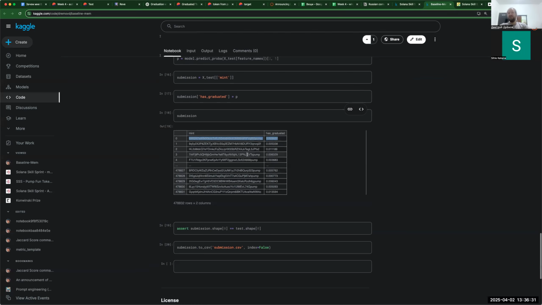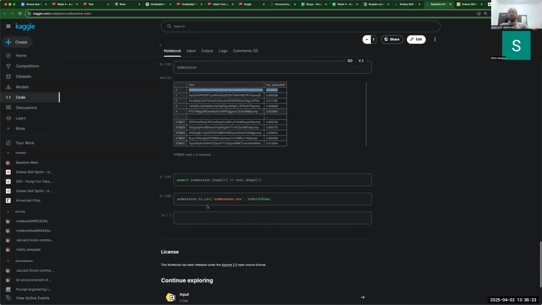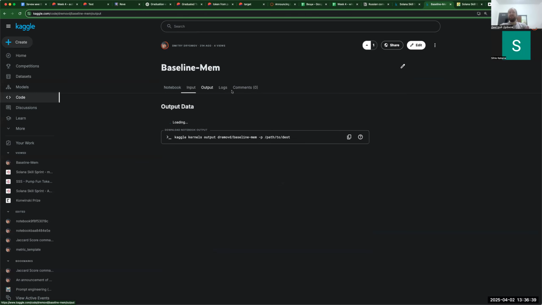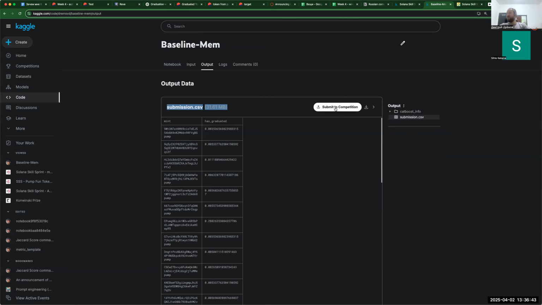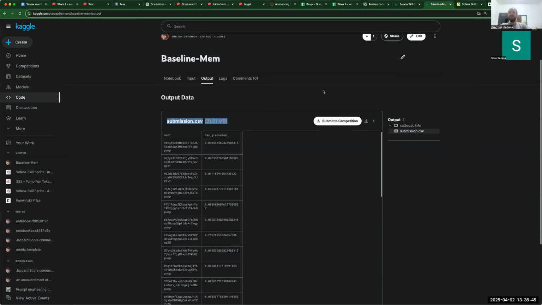So basically, this is the whole solution. We save it to a CSV file, and if you run it, you get this submission CSV that you can actually submit to the competition. And that's what I did.